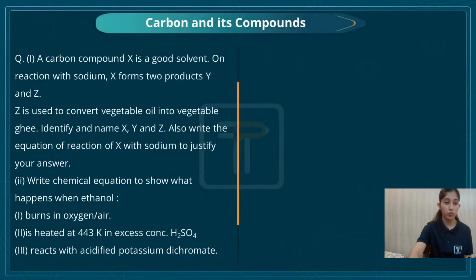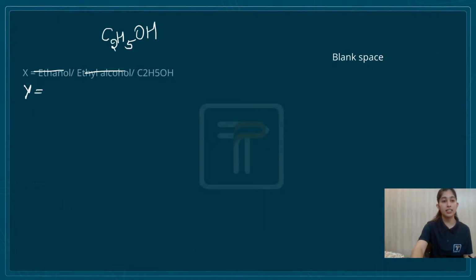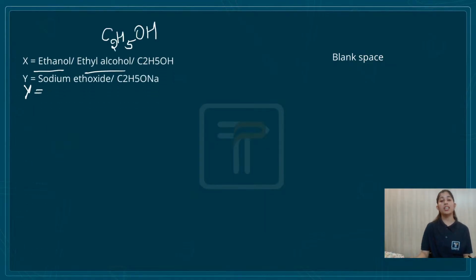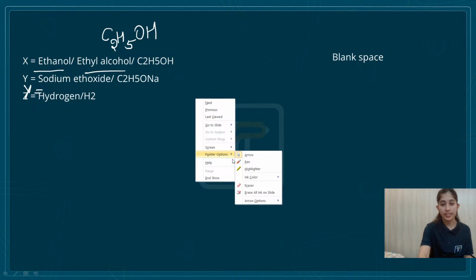Let's look back to the question once again. A carbon compound X, we know it is a good solvent, so it is ethanol. On reaction with sodium it forms two products Y and Z. What does alcohol form when it reacts with sodium? It forms sodium ethoxide, C2H5ONa. It replaces the H, doesn't it? What will Z be? Hydrogen. I should have known Z right away, and once Z is known, I should automatically know that it is reacting with sodium.